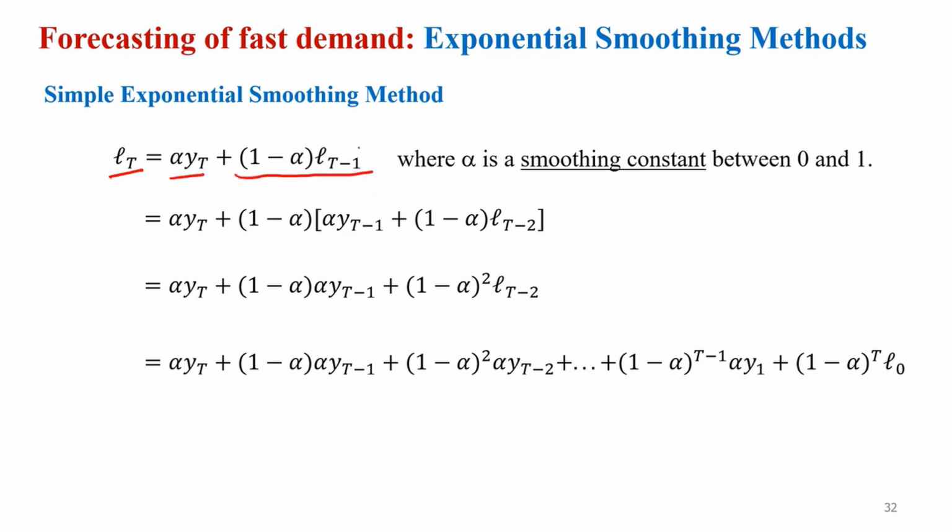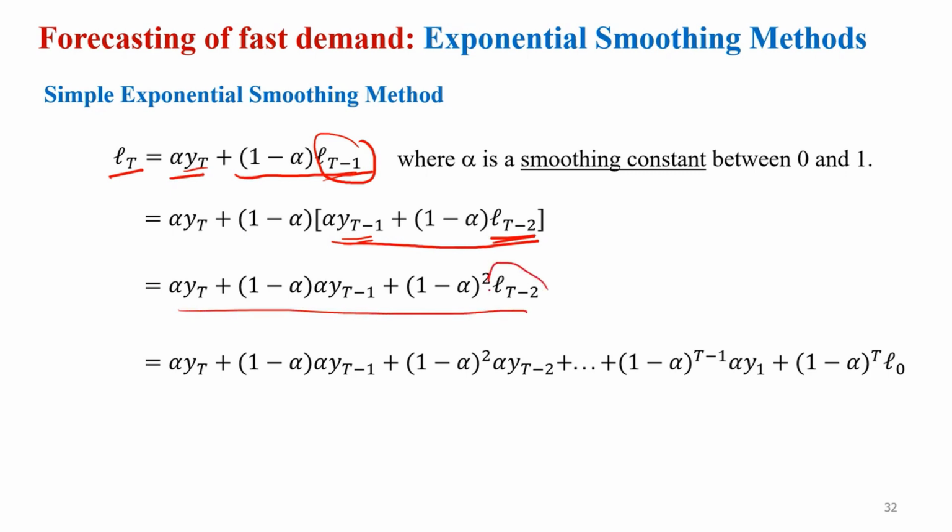If I replace this Lt minus 1, meaning further opening this formula, we can see that Lt minus 1 is equal to alpha Yt minus 1 plus 1 minus alpha times Lt minus 2, okay. So that is basically the original data. This is last time period level component. This is t minus 1's original data, then the previous time period, which is t minus 2 level component. Okay, so if we simplify, we get this one.